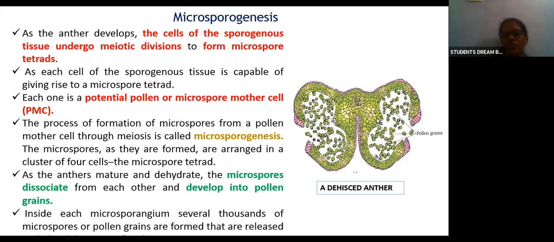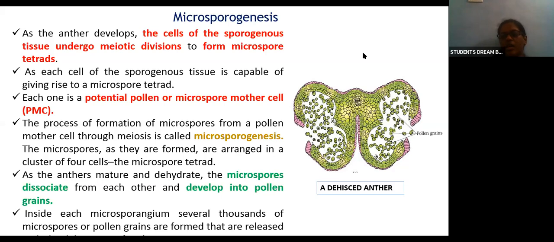Once microsporogenesis occurs, the anther will mature and dehydrate, and it will shrink. The microspores will dissociate from each other and form separate pollen grains. So these are the separate pollen grains.